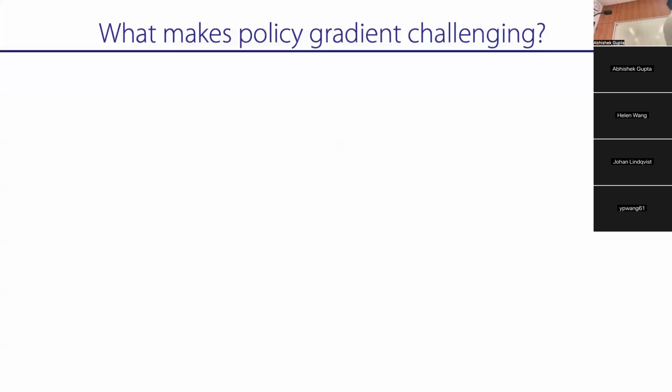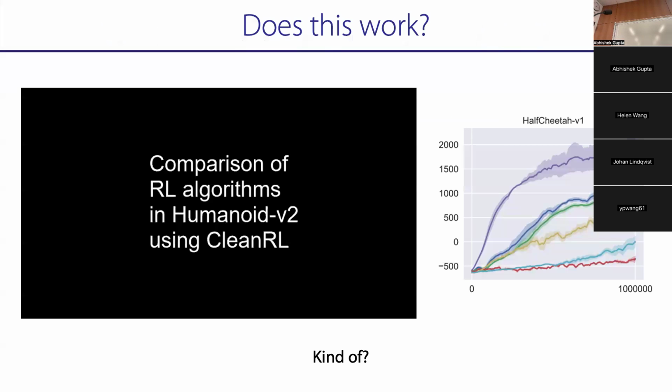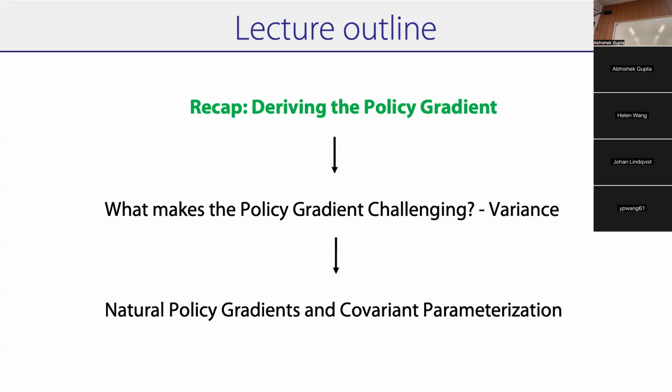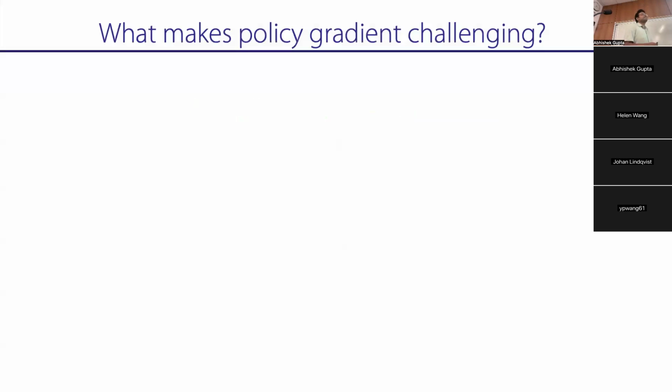Okay, so the next thing we want to cover is why policy gradient is challenging. We've talked about it a little bit. Why do we think policy gradient is hard? Why did I say that the policy gradient is this horrible line on the bottom, right? What makes it hard? Throw away all your past data.